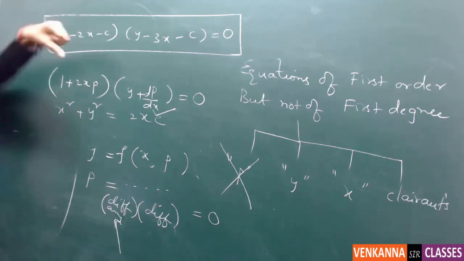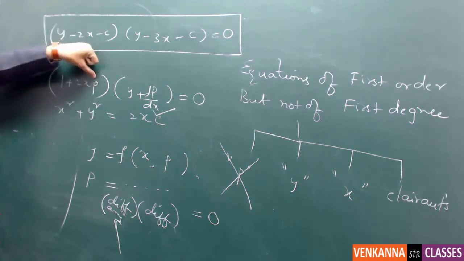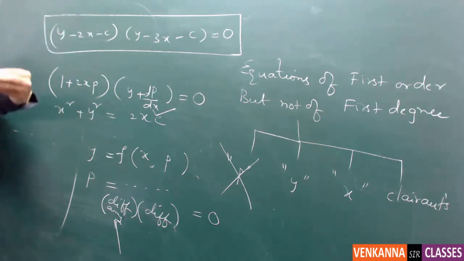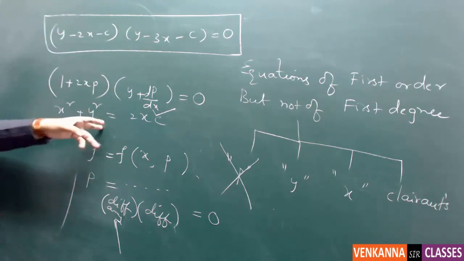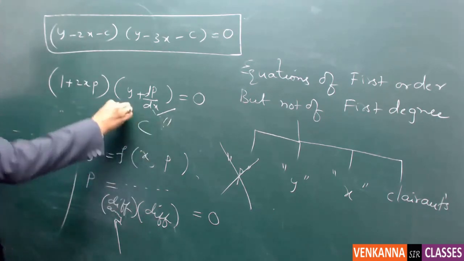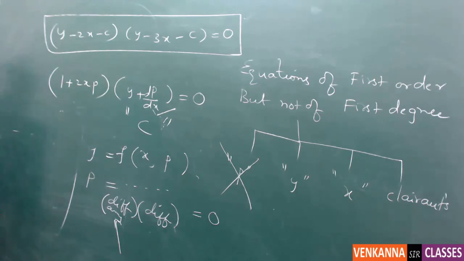Now if you substitute the value of p, minus 1 by 2x, in the given equation, straight away you will get a relation between x and y which will not contain the constant c. But it is also a solution of the given differential equation. Such a solution is called a singular solution. If you look into the syllabus, a singular solution is obtained like that.